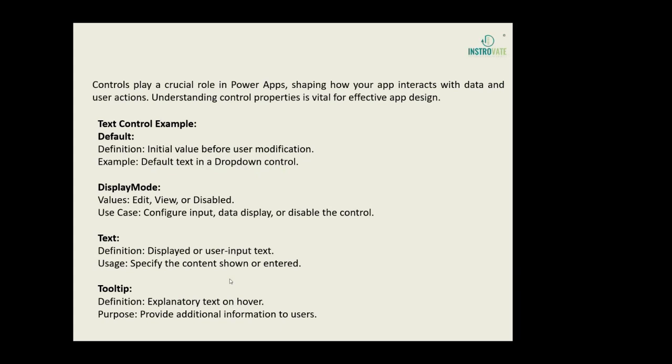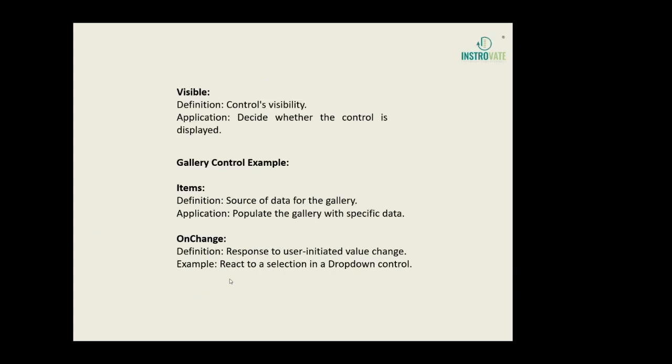Now tooltip, which is explanatory text on hover that provides additional information to users. Visible is a control's visibility, which decides whether the control is displayed.